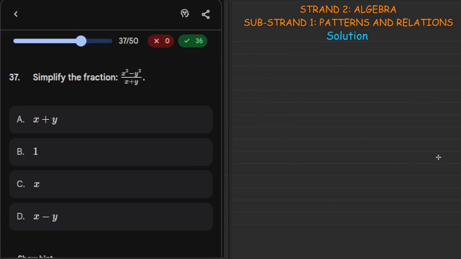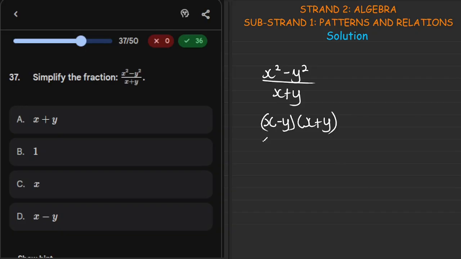Question number 37. We have x squared minus y squared all over x plus y. So with this, what we have here is the numerator is simply difference of 2 squares. So difference of 2 squares is expressed as x minus y and then x plus y.